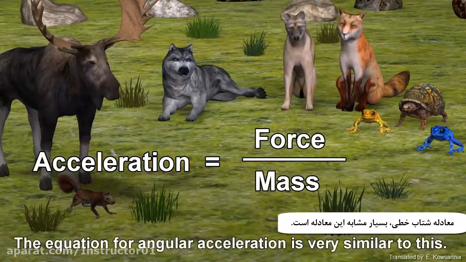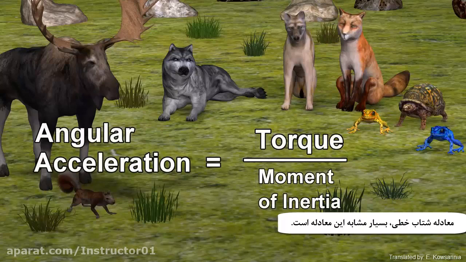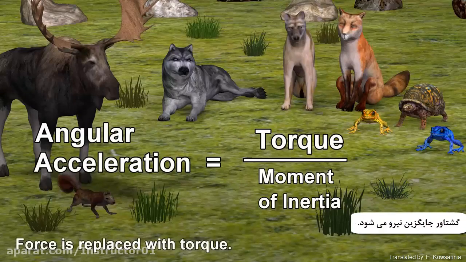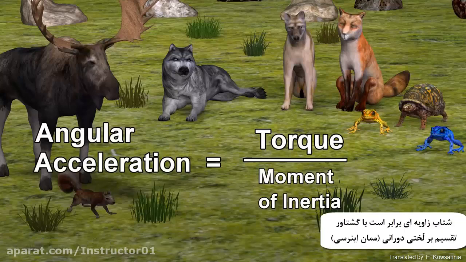The equation for angular acceleration is very similar to this. Acceleration is replaced with angular acceleration, force is replaced with torque, and mass is replaced with moment of inertia. The angular acceleration is the torque divided by the moment of inertia.